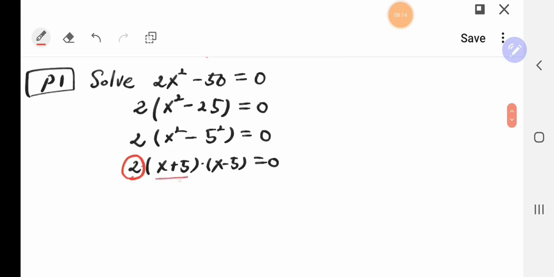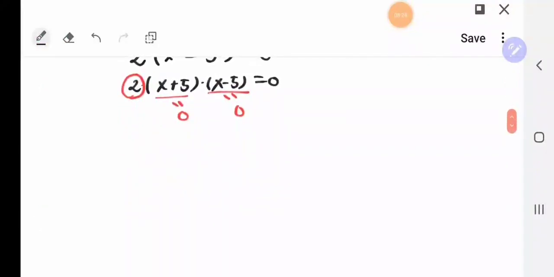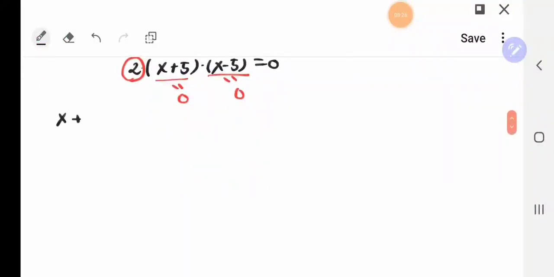And x plus 5, we can set now x plus 5 is equal to 0. And then x minus 5 equal to 0. So from these two, we can find the values of x. From the first one, x plus 5 is equal to 0. From the second factor, second binomial, x minus 5 is equal to 0. So from this, minus 5 each side, then x equals negative 5.